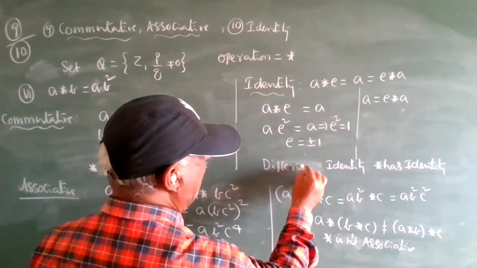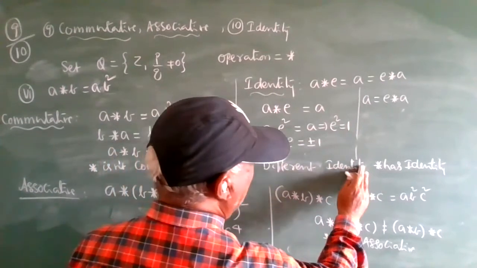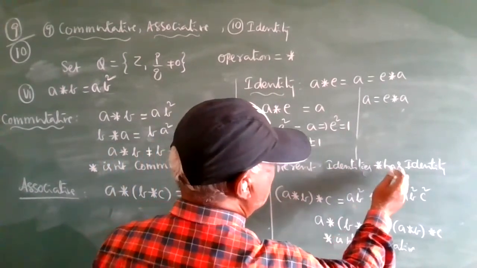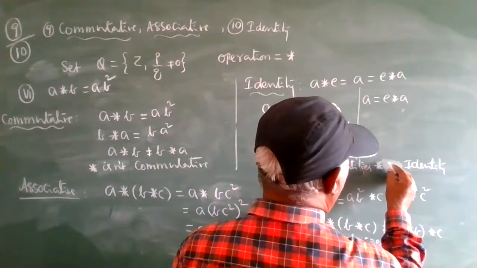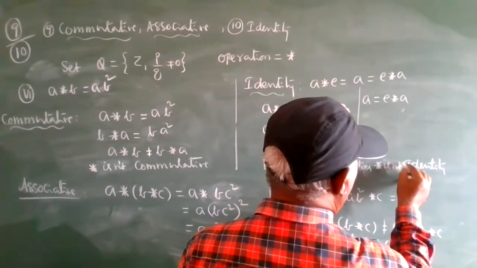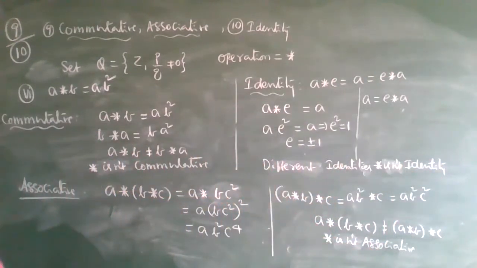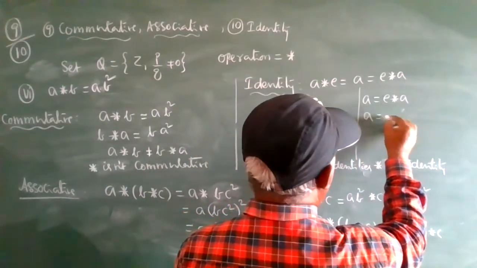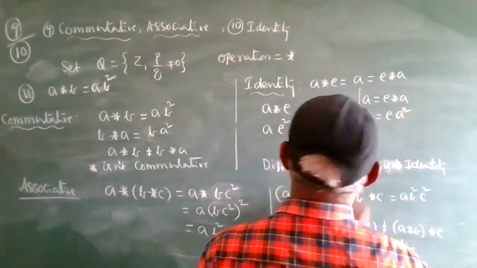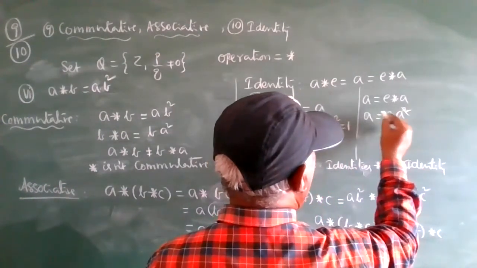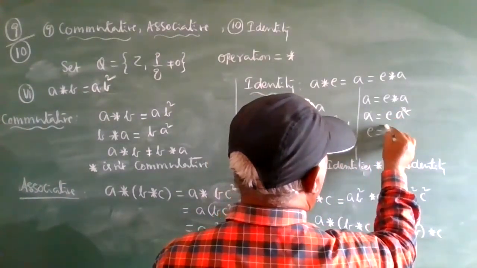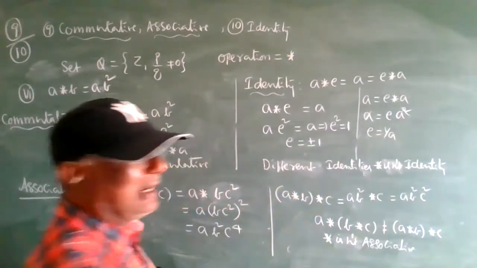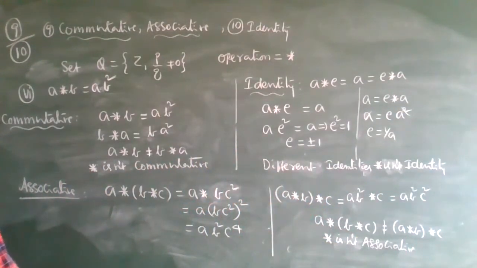Star is not an identity. That's enough. Here we can check differently also: we can get A is equal to E, A square. So A cancel, E is equal to 1 by A. Different identity, star is not an identity.